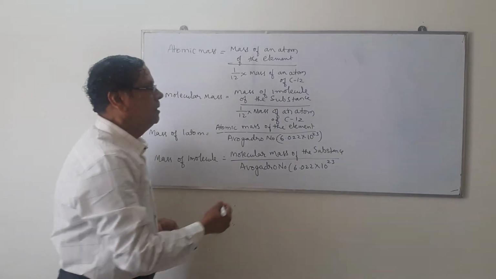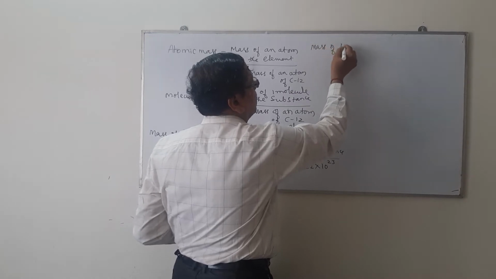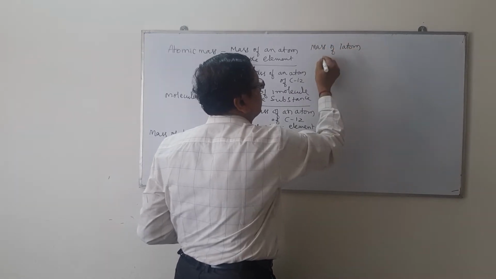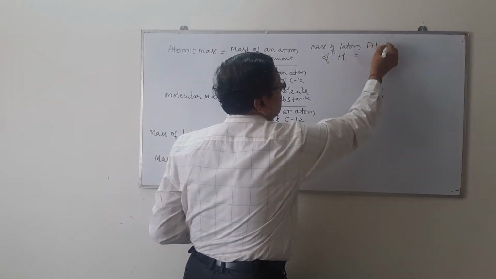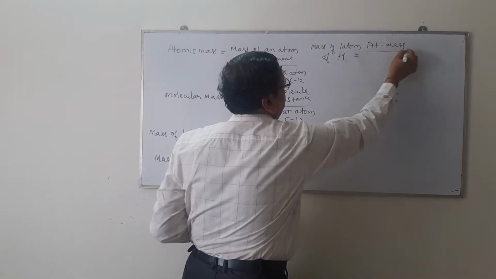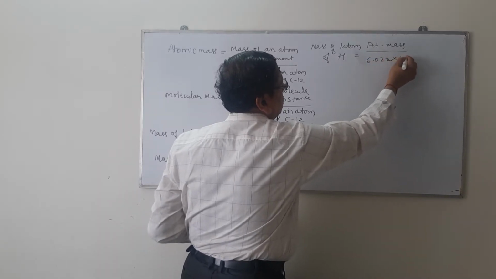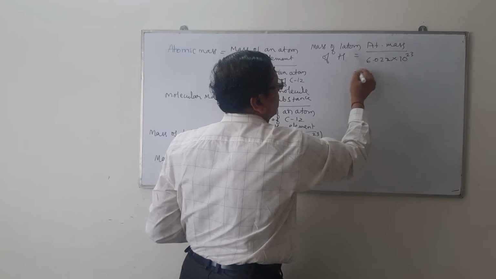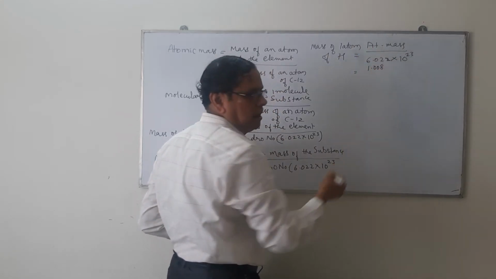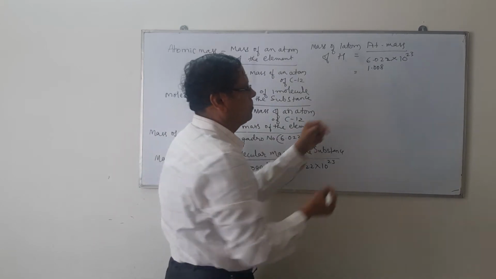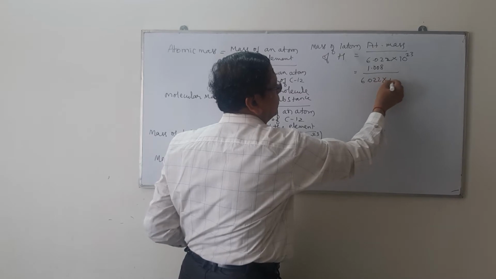That is how we can calculate the mass of one atom of hydrogen or the mass of one molecule of a particular substance. If you want to calculate the mass of one atom of hydrogen, we can write atomic mass divided by Avogadro number 6.022 times 10 to the power 23. Atomic mass of hydrogen is actually 1.008; approximately we can take it as 1, divided by 6.022 times 10 to the power 23.